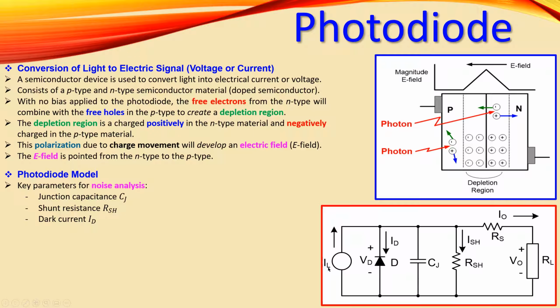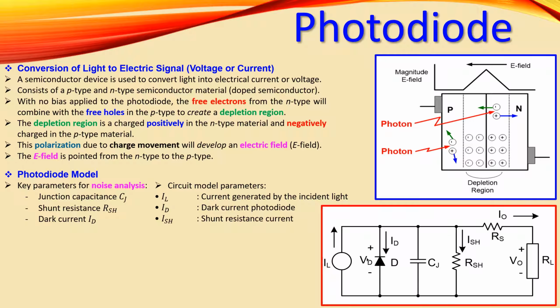We have the other elements here, so we will also go through them. We have more parameters in the circuit. What you have is also I sub L, which is the current generated by incident light. If you don't have any incident light, you won't have this current, so that's just an open circuit. Also you have dark current, which is what you always have, a sort of leakage current, but of course not if you have no light.